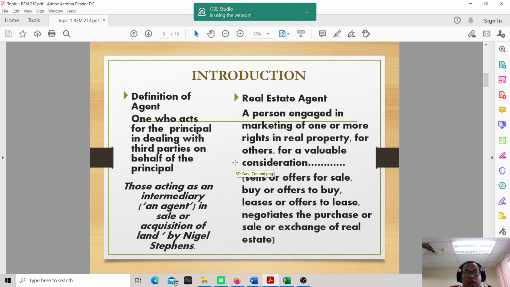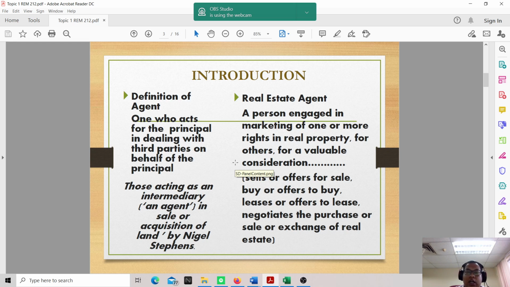So you are the go-to person. You are the one who will be involved directly with the principal and also the potential buyer. Sometimes the potential buyer doesn't even know who the principal is, or doesn't even encounter the seller, because they conduct their business everything through you as a registered estate agent.